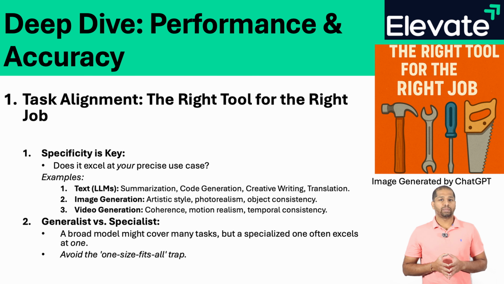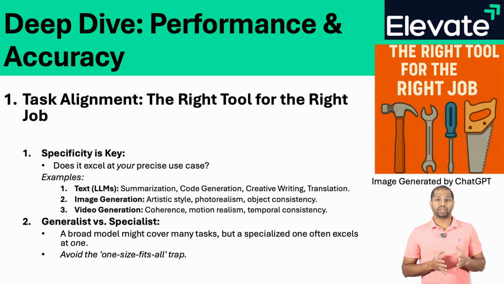Our first and perhaps most crucial consideration is task alignment. It's not enough for a generative AI model to be generally good. It needs to be excellent at your precise use case. Think about it. The characteristics you need for generating text are vastly different from those required for creating images or videos.